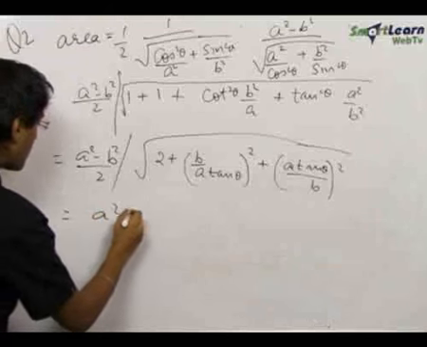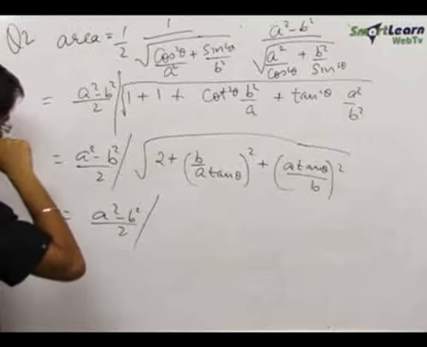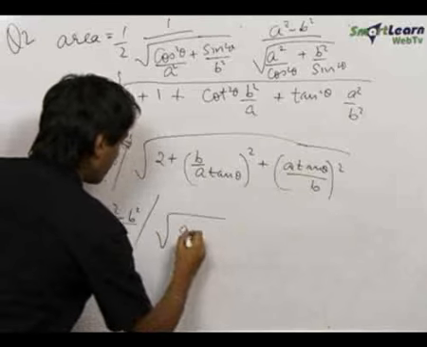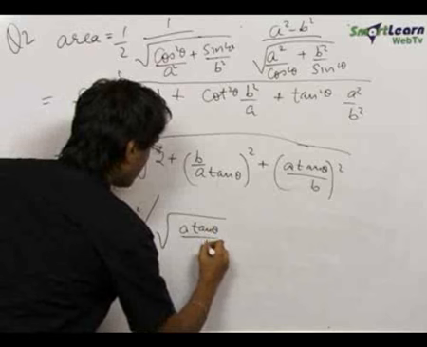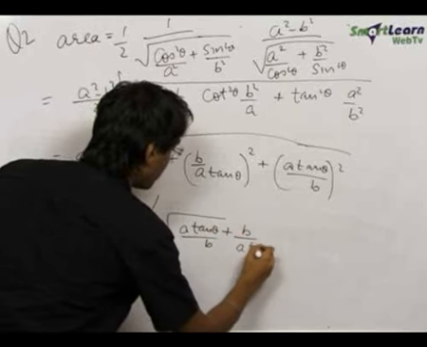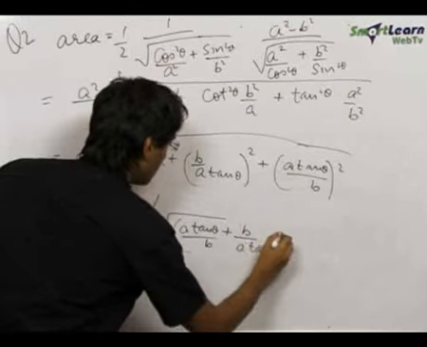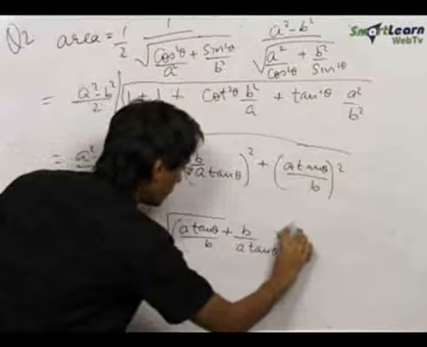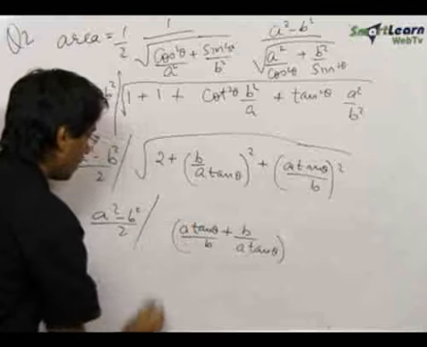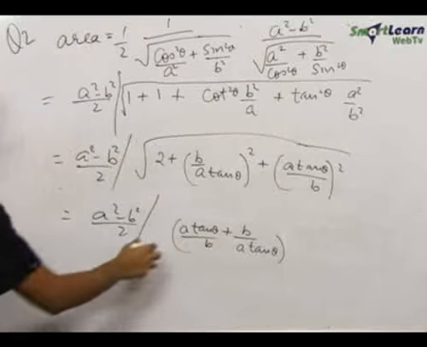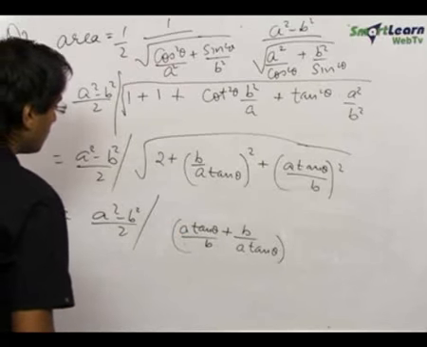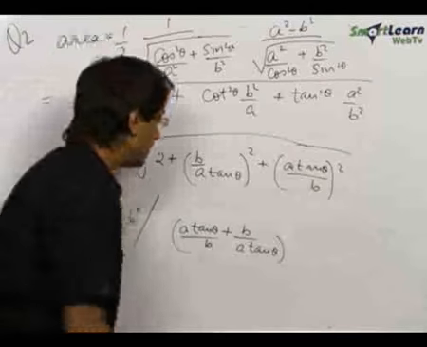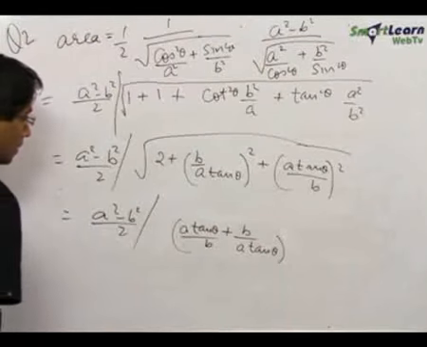This is equal to a square minus b square by 2 divided by under root of a tan theta by b plus b by a tan theta whole square, and this is under root, so the square will be removed and we are left with a square minus b square by 2 divided by a tan theta by b plus b by a tan theta. So in order to make the area maximum, we need to minimize this denominator.